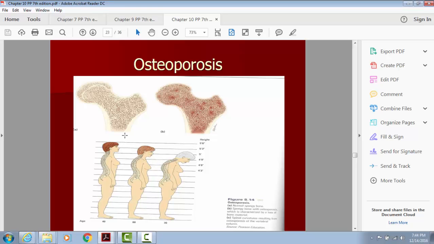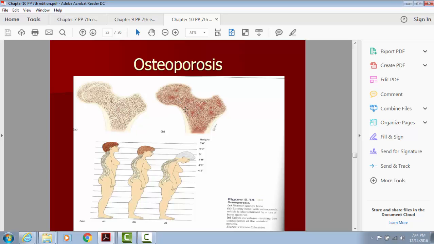And so as we age, we lose height. So we have a female who at age 40 starts out at 5'6", and then by age 70 is just barely clearing 5 foot. And so with osteoporosis, there's the compression of the spine. And you see from A to B here, this is a normal spongy bone, what it should look like.